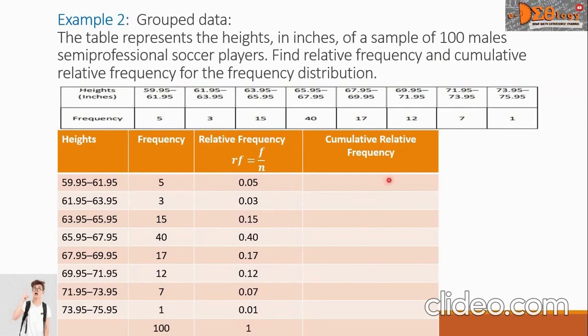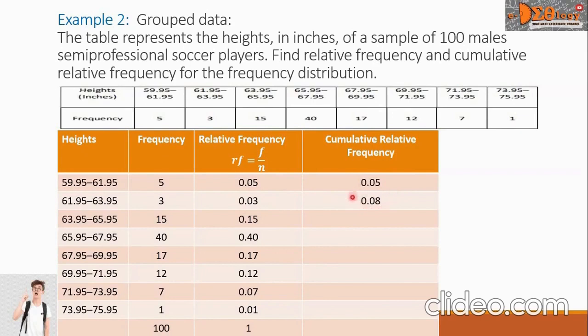Next, we will now fill in the cumulative relative frequency. For our first row, we will simply copy this 0.05. For the second row, we will add the 0.05 to the 0.03. So we have 0.08.